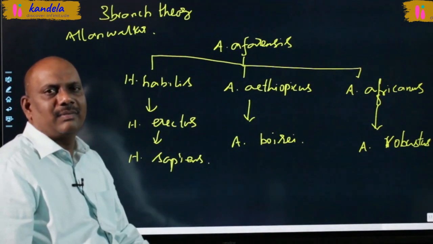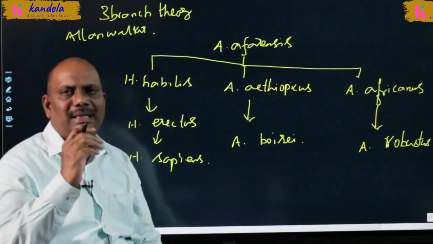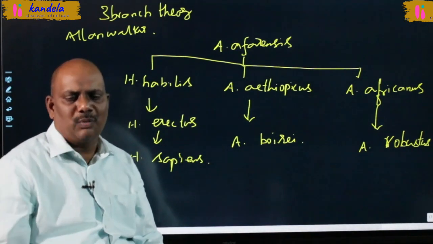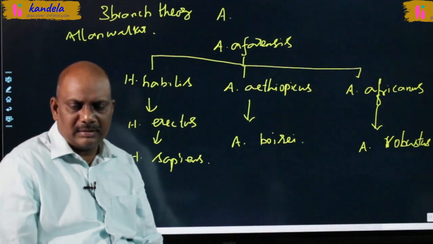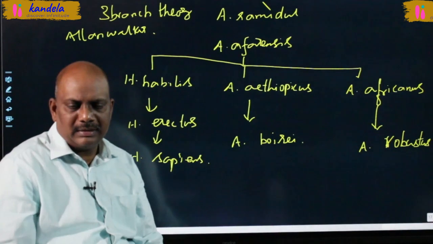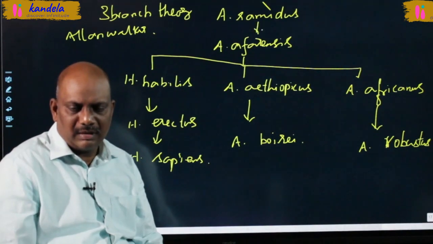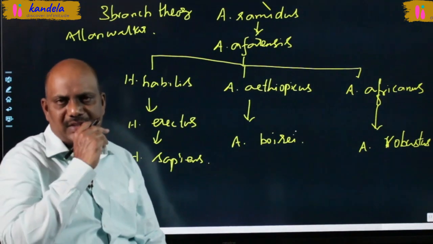And the latest view says that with the discovery of Australopithecus ramidus, which is the oldest one, the latest table reads like this: Australopithecus ramidus, which evolved into afarensis, and then this thing. This is the latest table.